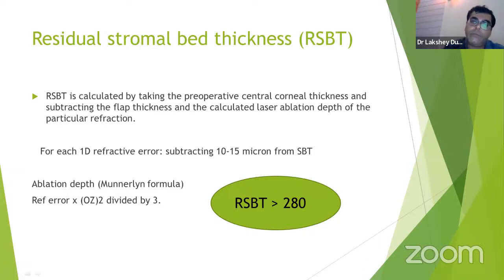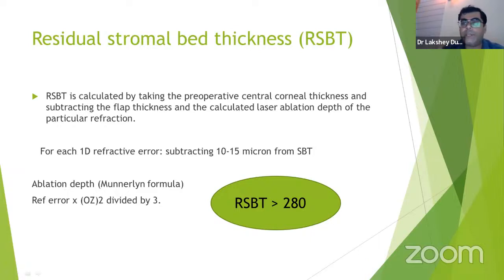It is calculated by preoperatively measuring the central corneal thickness and then subtracting the flap thickness and ablation depth. So we take the corneal thickness and subtract the flap thickness and the ablation depth, how much we will ablate for correcting a certain refractive error.